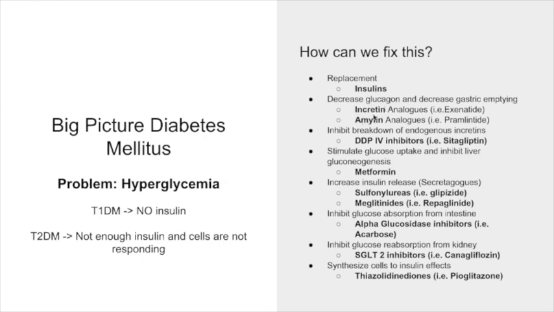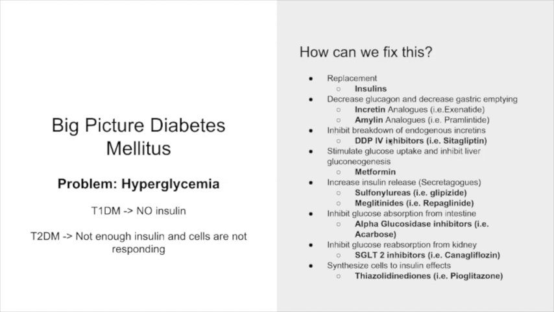These medications are actually hormones that are naturally occurring in our bodies, and we've developed analogs for them. The incretin analog example is exenatide, and the amylin analog example is pramlintide. These medications decrease the glucagon and decrease gastric emptying.